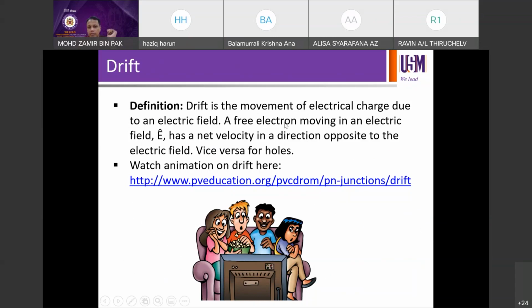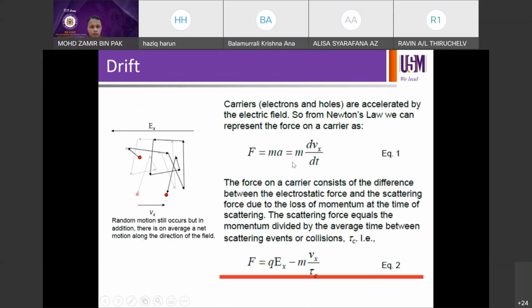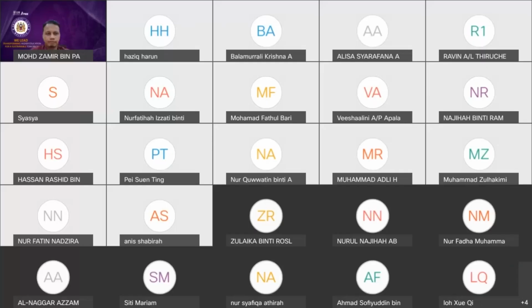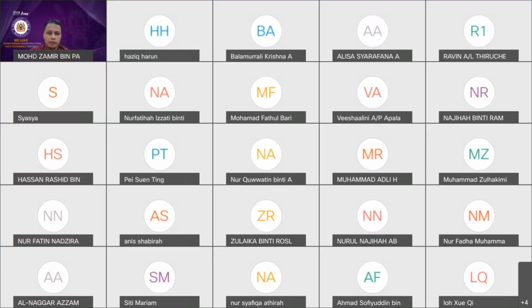So if the electric field is pointing to the right, then the electron is moving to the left, and vice versa for holes. Let's go back to the website and see some simple animation to demonstrate this.